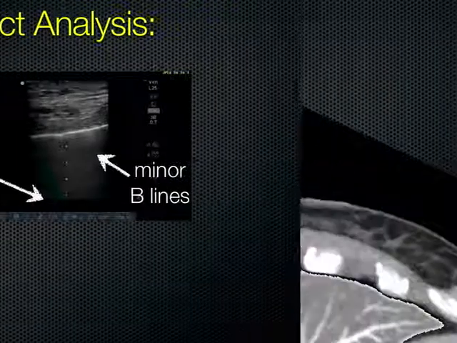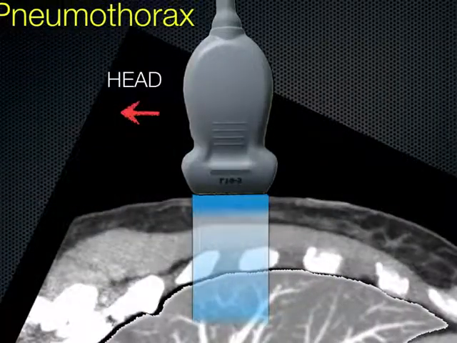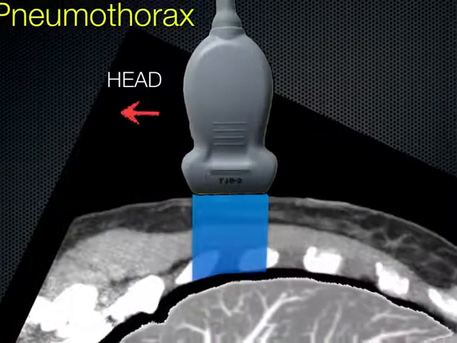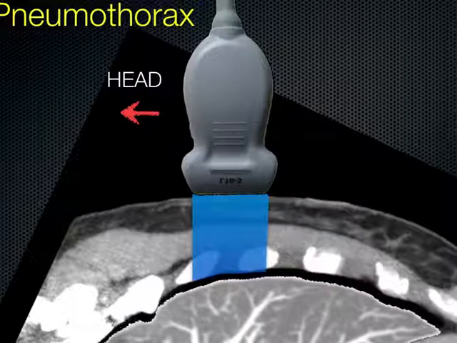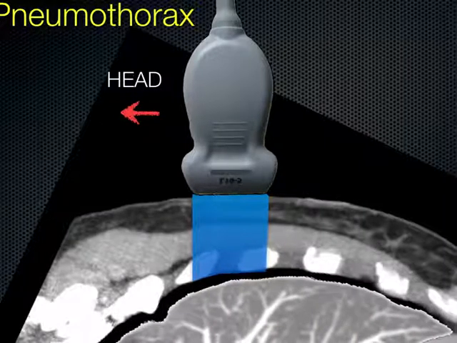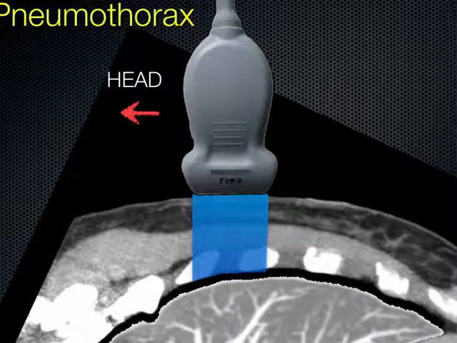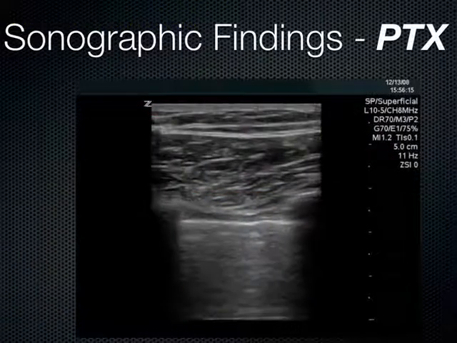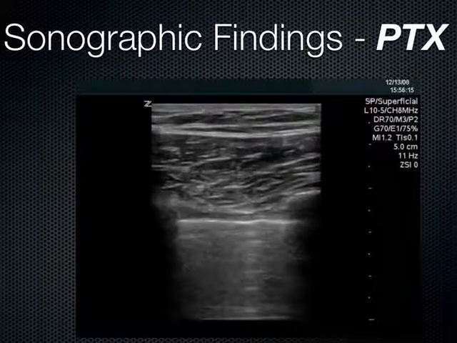In the findings of a pneumothorax, we have the probe oriented towards the head. But if the lung falls away from the chest wall, then we have a pocket of air in between the probe and the lung, and therefore we will not see that sliding because the parietal pleura and the visceral pleura are no longer together. Instead, we see something like this.